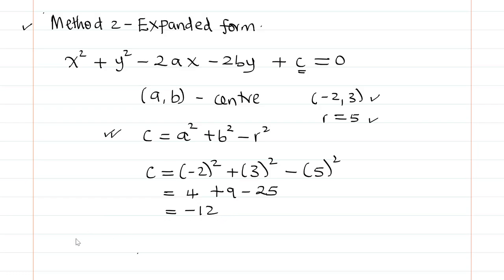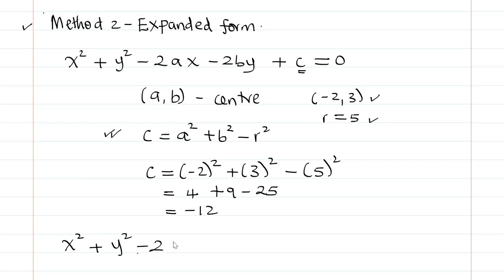So after getting c, then we simply substitute there. Remember, we don't substitute for x² and y², because x and y are points on the circumference of the circle. Those are the point loci that we have on the circle. So we don't substitute for them.